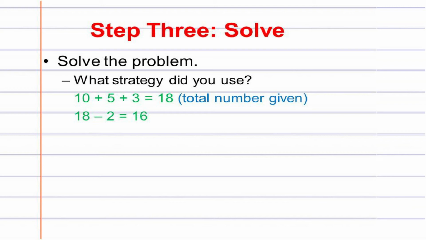Now, let's go with the second part. You still have the number of trains that are broken. Since there are 2 trains that are broken, we're going to subtract. So 18 minus 2 is equal to 16.